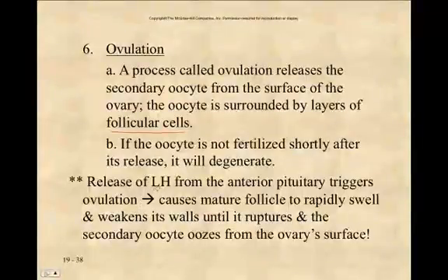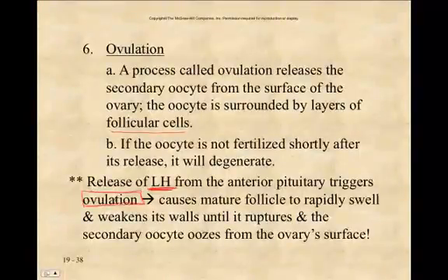Release of luteinizing hormone from the anterior pituitary is what's going to trigger ovulation. We'll talk about this in just a minute. It's important to remember that we talked about the roles of luteinizing hormone and follicle stimulating hormone in males.